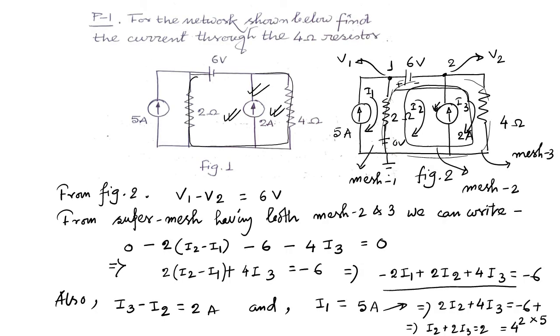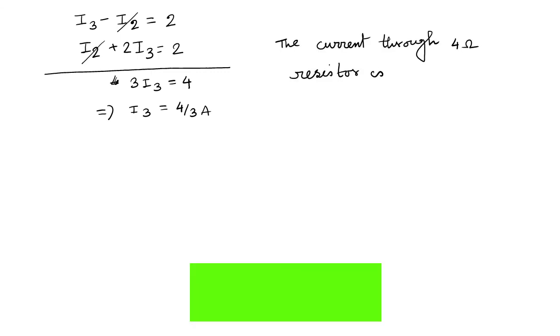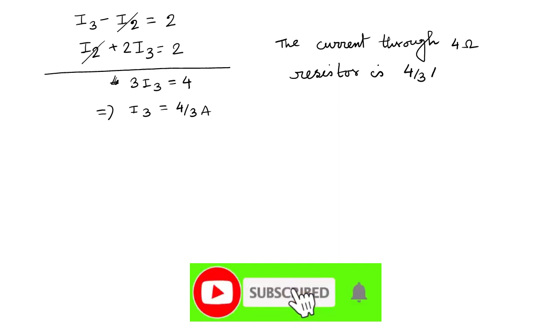Now you have to find the current through the 4 ohm resistor. The current through the 4 ohm resistor is nothing but the current I3 that we have already calculated as 4 by 3 ampere. So the answer is 4 by 3 ampere.